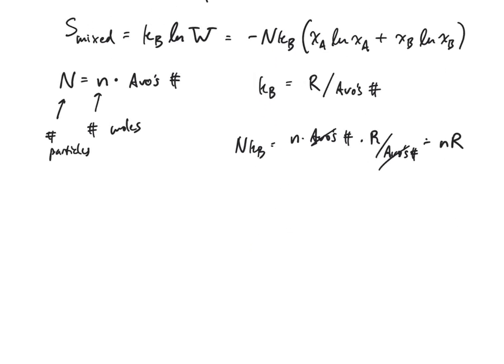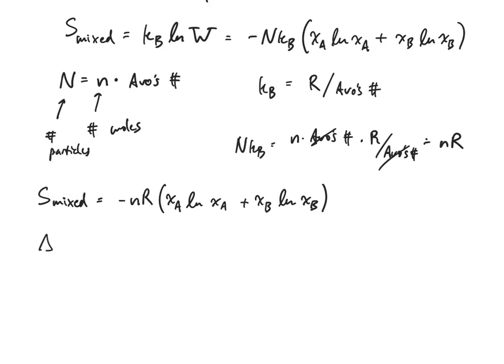So therefore, the entropy of the mixed system is equal to negative nR times (the mole fraction of A log mole fraction of A plus mole fraction of B log mole fraction of B).